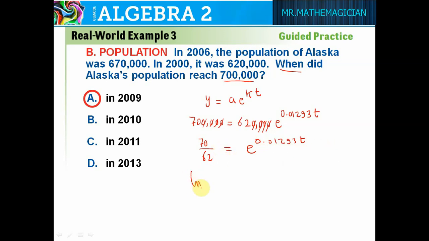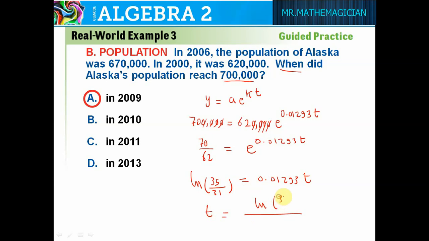This fraction can be simplified into 35 over 31, or you can leave it the same, and ln will cancel the e, so 0.01293 t. Now divide both sides by this number.